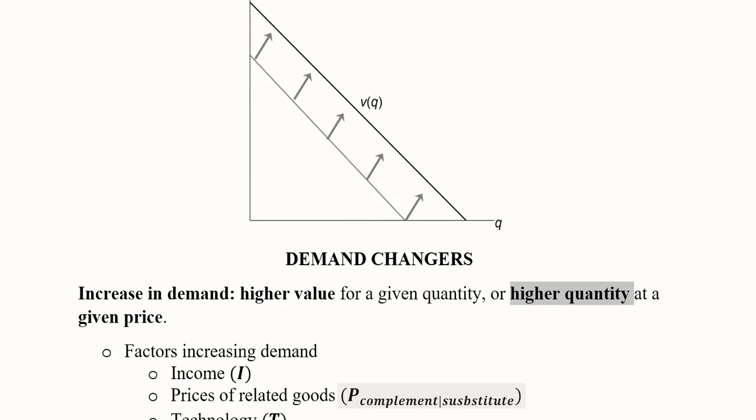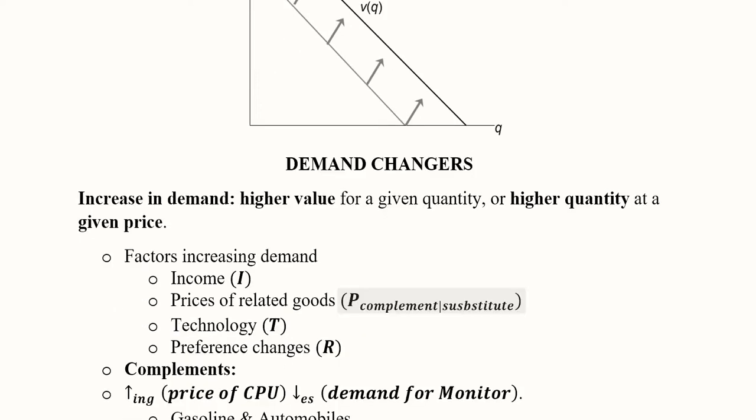And if we draw the line from the price axis, this will be the quantity demanded at this price. And if I consider the shifted demand curve, this will be the quantity demanded. So you see, the quantity demanded has become higher at the given or the same price. So this is the change that we can observe once we introduce the increase in the demand or decrease in the demand.